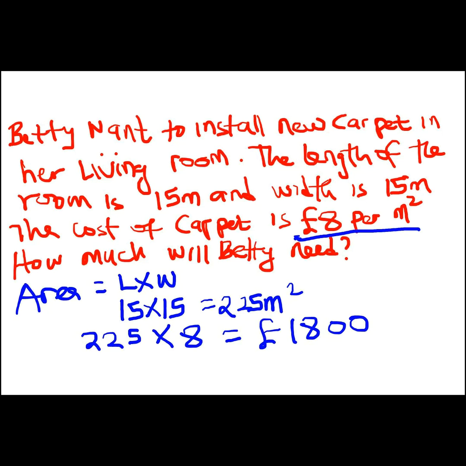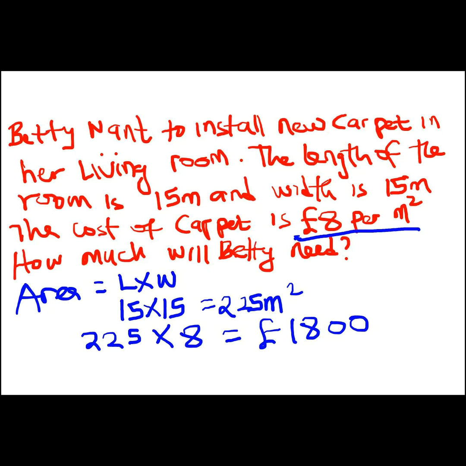Then you have to use 8 to multiply 225. Then it gives you 1,800. Why did I multiply 225 by 8? We want to find the total cost that will cover all the room.